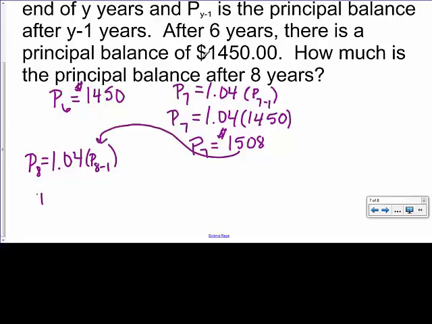So I have P sub 8 equals 1.04, and instead of P sub 7, I'm using this value, which is 1508. And when I multiply that times the 1.04, that is going to give me P sub 8, or after 8 years, the principal balance will be $1,568.32. Final answer.